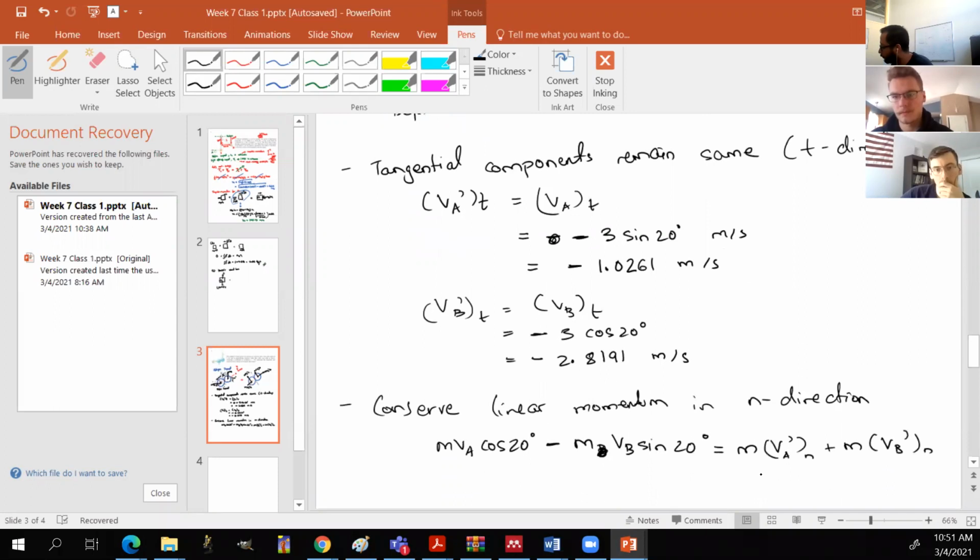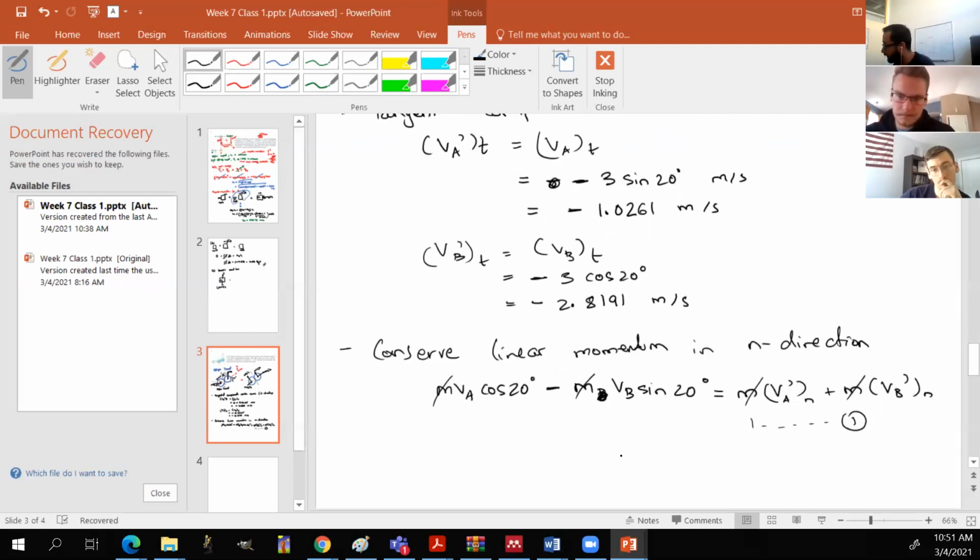All right, so this gives you one expression for these two unknowns. Let's call this expression 1. The mass goes away. VA and VB are known, they're 3 meters per second. And the final equation you get from the coefficient of restitution.